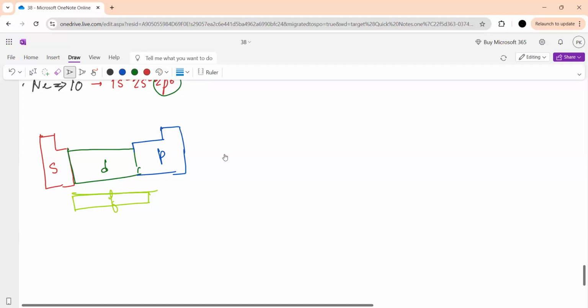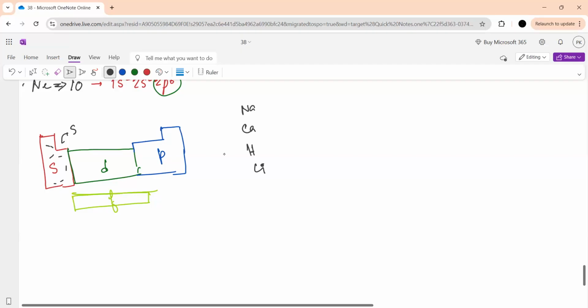All the elements in the S block have S orbitals as their valence orbital. So sodium is there, calcium is there, similarly hydrogen and lithium are there.